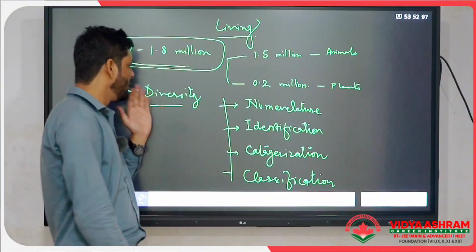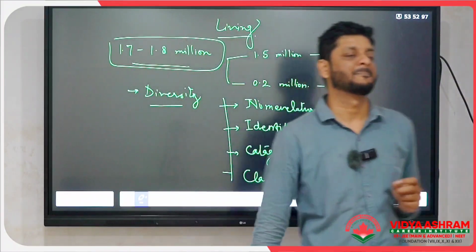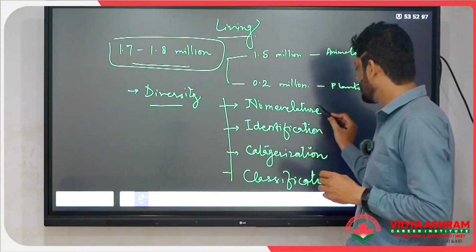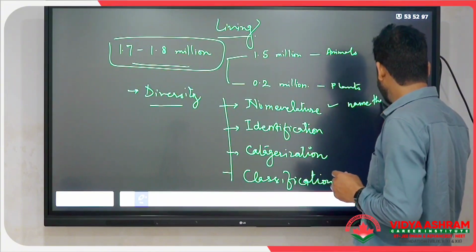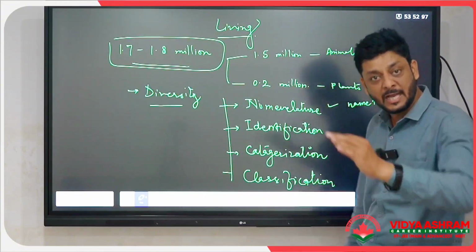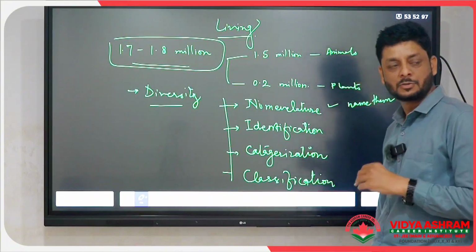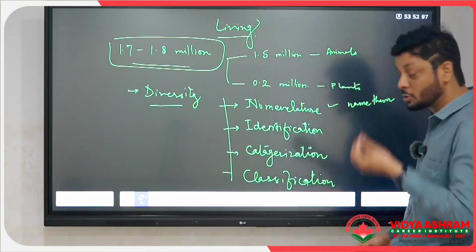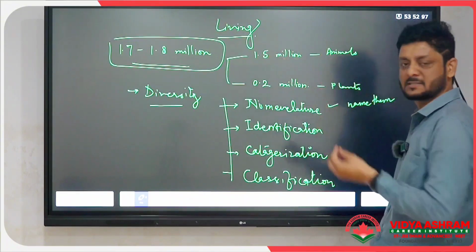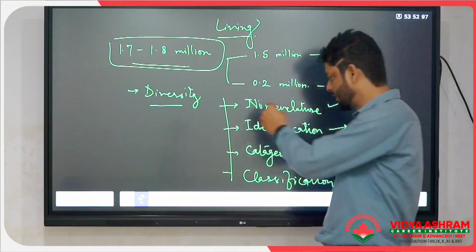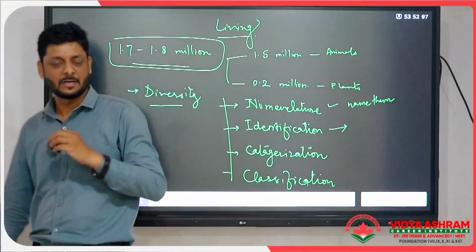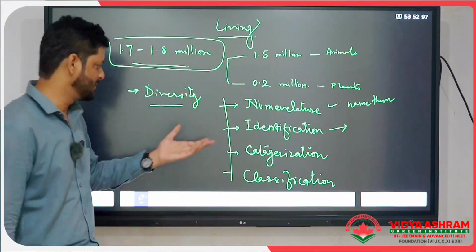So we need to classify them. For the classification, we do the nomenclature. We name them, and to name them and to know about all the living organisms, we have to identify them. Identification is a very important step in the classification.